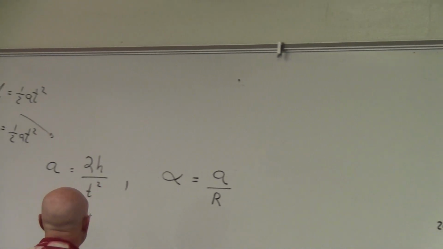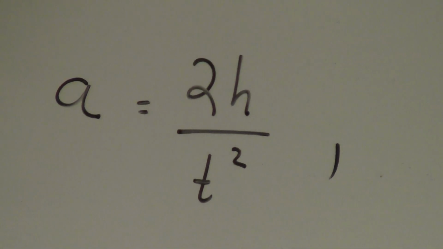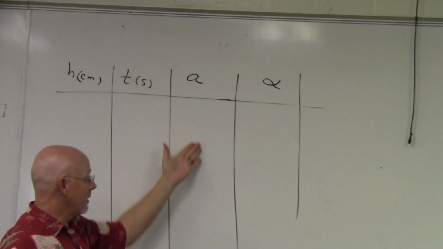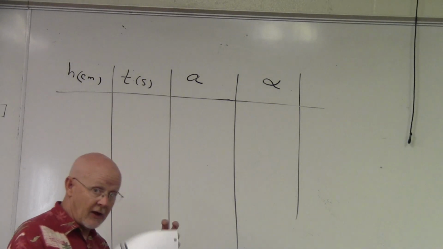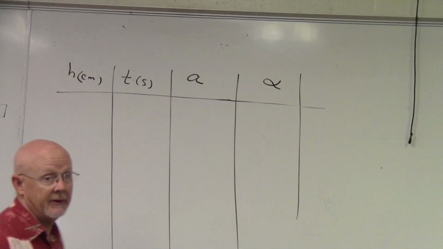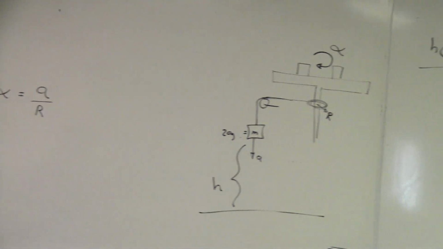So I'll say it again, because what I'm going to do with you is measure height and time. So I'm going to fill in this part of the table. But then I'm going to have you get out your calculator and calculate the translational acceleration, and also get out your calculator and get the angular acceleration. And so that's what these first two equations are.